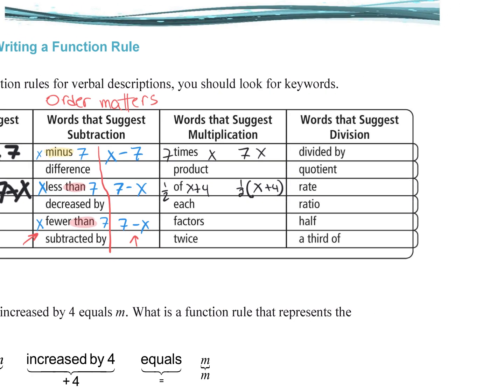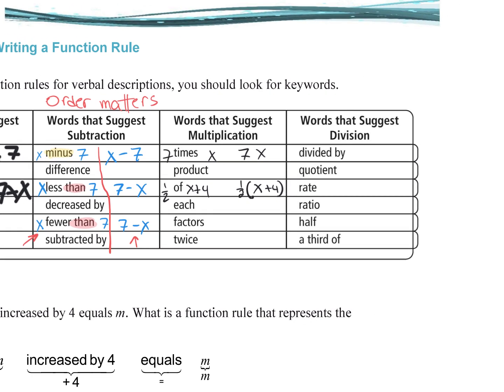All right. Now for the words that mean division, we have, let's say, x divided by 10. That would be x over 10. Or you can write it as x divided by 10. You also have quotient, that means division. Rate, ratio, half, a third of are also all divisions.